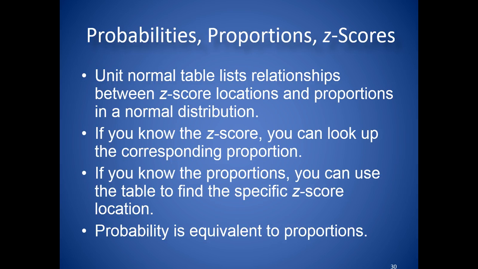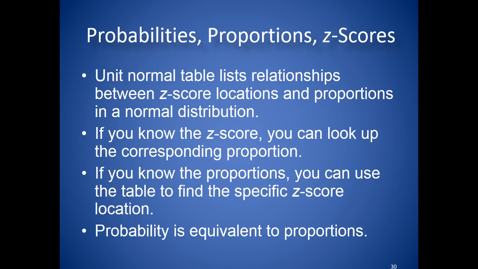So probabilities, proportions, z-scores, these are all key concepts that are so important in inferential statistics. They are so interrelated to each other that you need to really understand probabilities, proportions, and z-scores all together. You can't separate them.